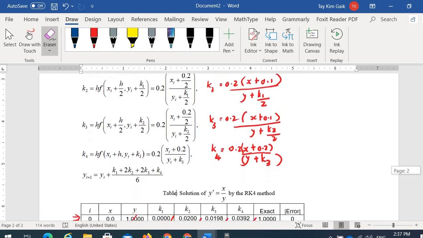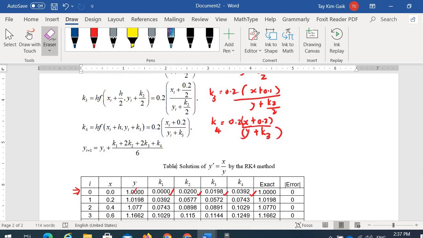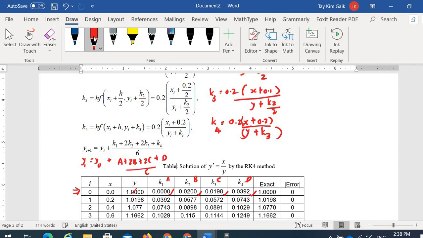Okay, now we're going to calculate, if we have Y0, we calculate Y1. So the Y1 is actually Y0, and K1, K2, K3, K4 I'm going to replace as A, B, C, D. So it's Y0 plus A plus 2B plus 2C plus D, divided by 6.